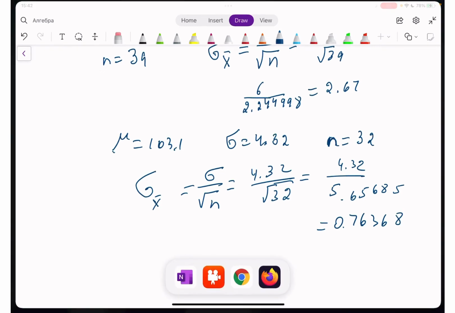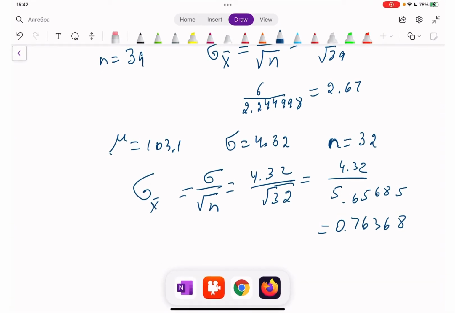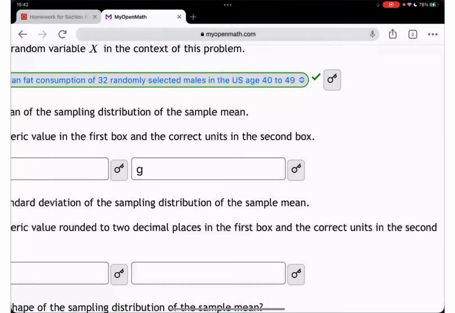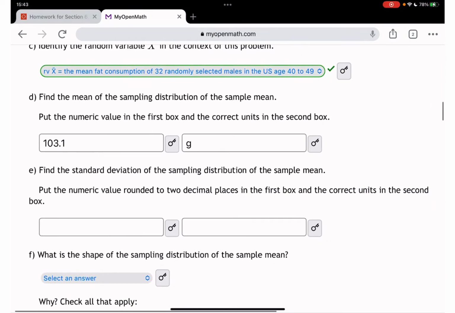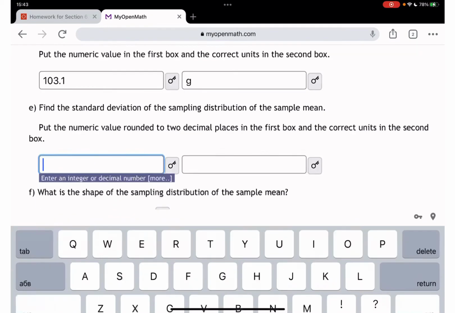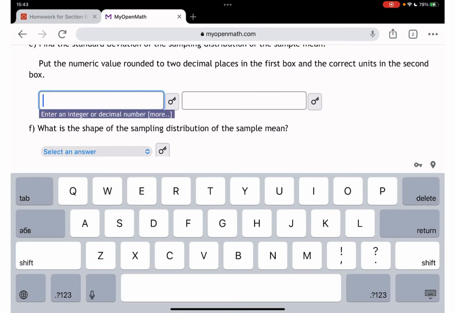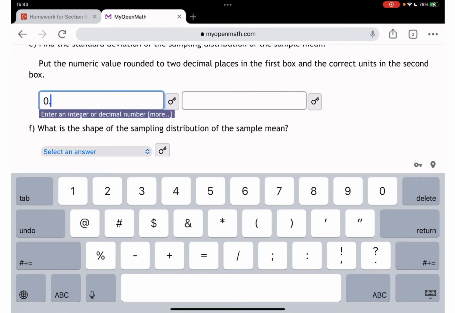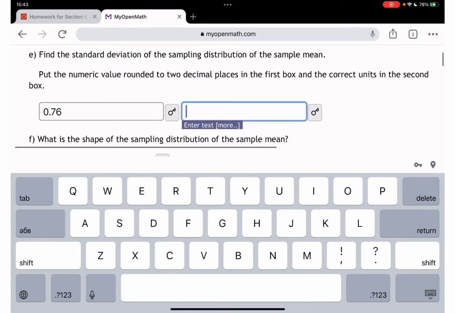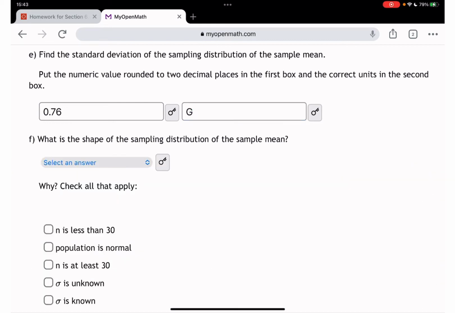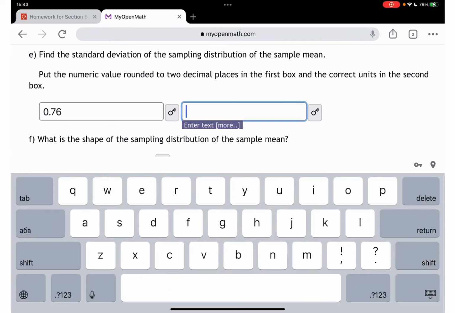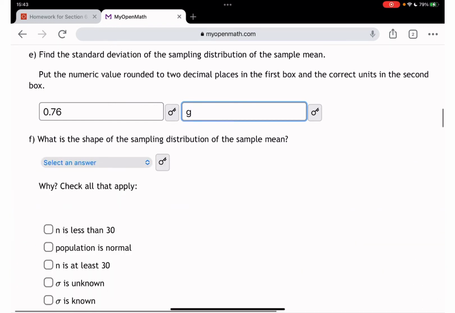Let me see how many digits it wants. If it's 2 decimals, then it's going to be 0.76. And it's going to be gram. Lowercase.